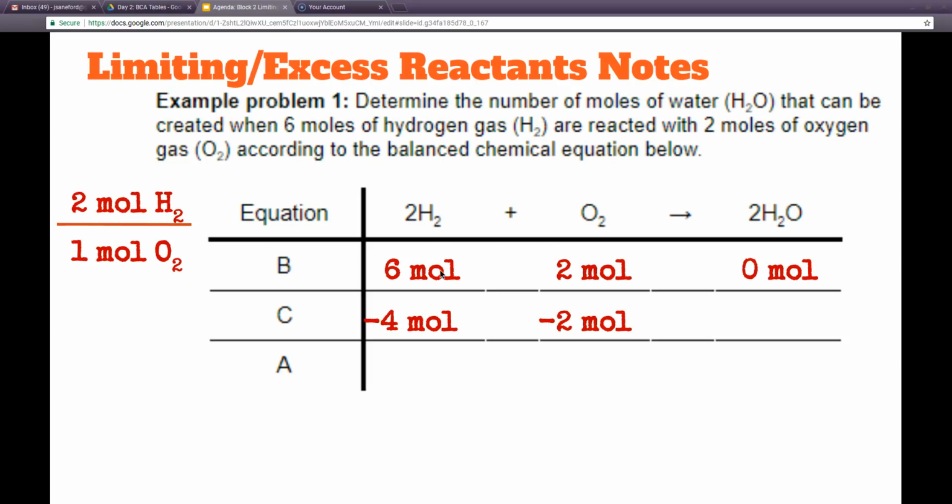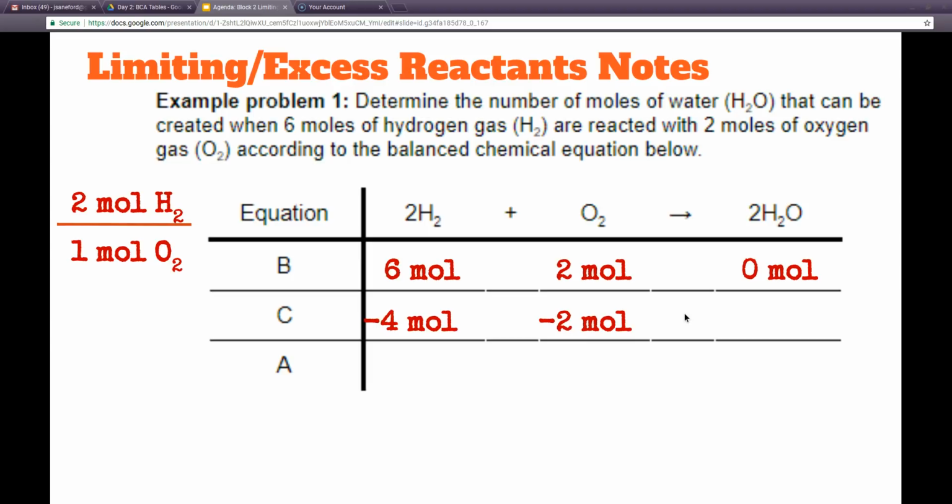So if we choose to start with 6 as our subtraction, we're going to find out pretty quickly that if we do 2 minus half of those 6, which would be a 3 here, that's not going to work. We're going to be left with a negative number of moles, and that just can't happen. So by checking both ways, you can determine that you've got it set up the right way. All right, and then let's take a look at how we're going to figure out what to put for the change for the product.